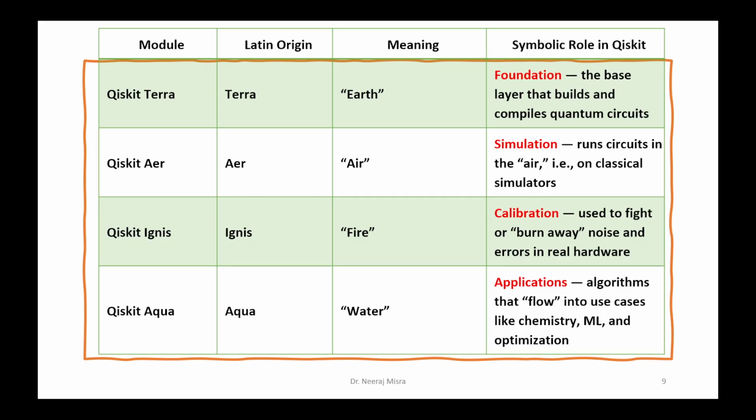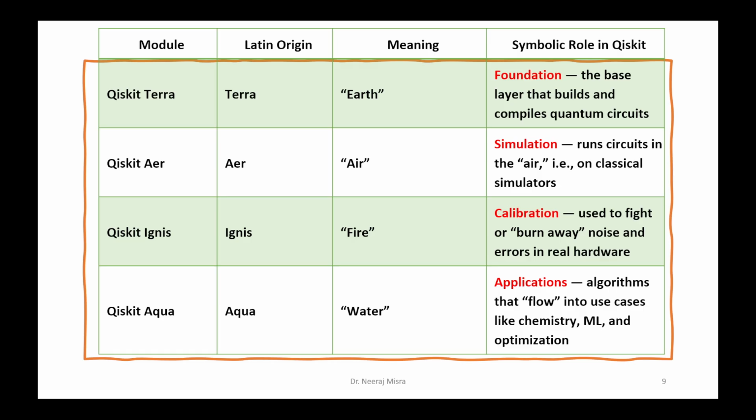In this slide, we see that Terra is like earth, Aer is like air, Ignis is like fire, and Aqua is like water, because these are the essential components of our earth.